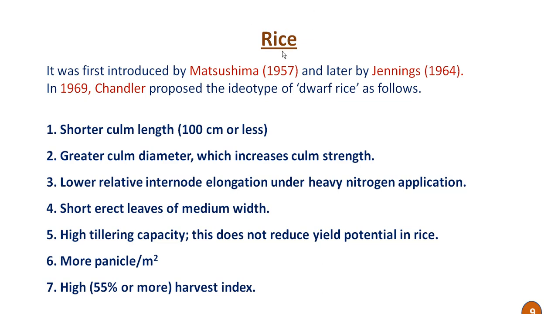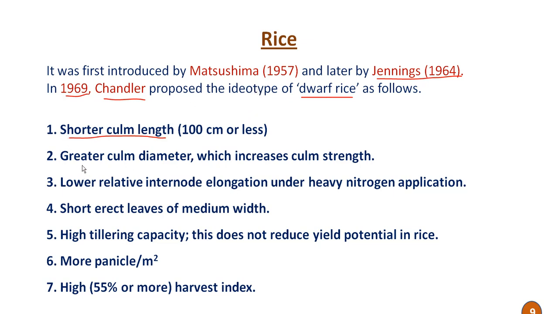Then rice. It was first introduced by Maxima in 1957 and later by Jennings in 1964, and in 1969 Chandler proposed the ideotype of dwarf rice as follows. According to Chandler, a rice plant having shorter culm length, that is 100 centimeters or less, is preferred.